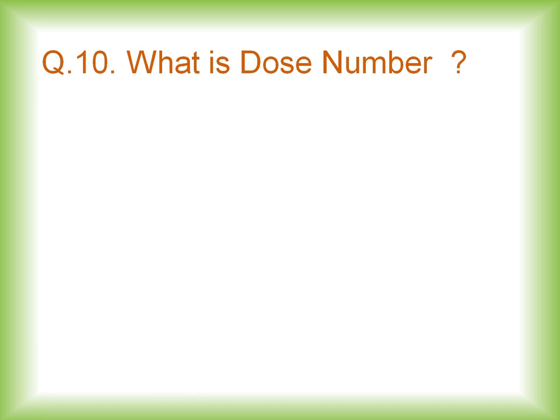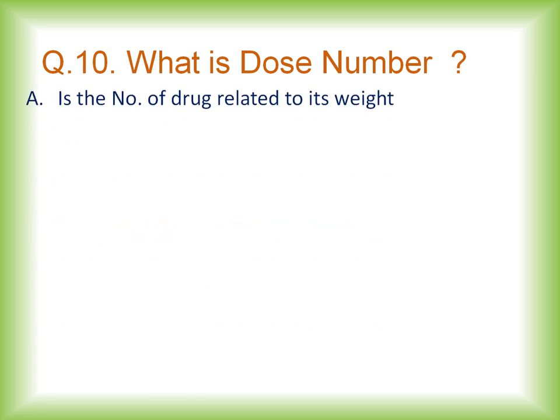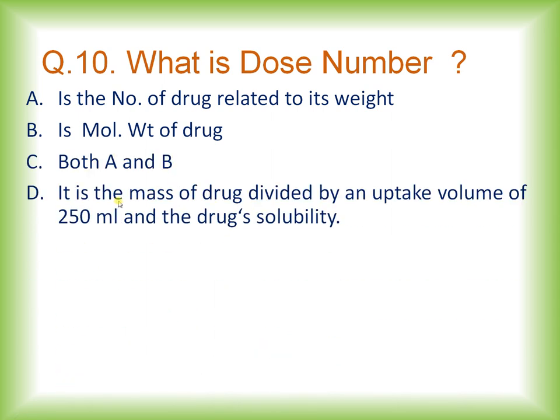Now what is dose number? The options are: the number of the drug related to its weight, the molecular weight of the drug, both A and B, or the mass of drug divided by an uptake volume of 250 ml and the drug's solubility.